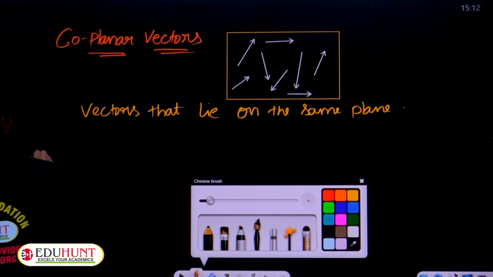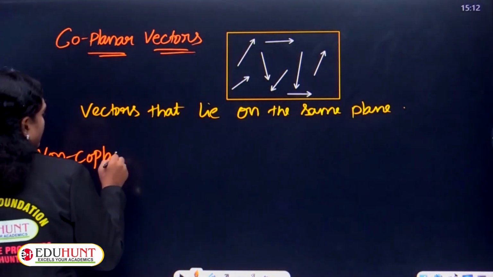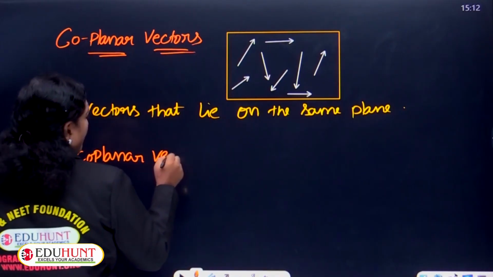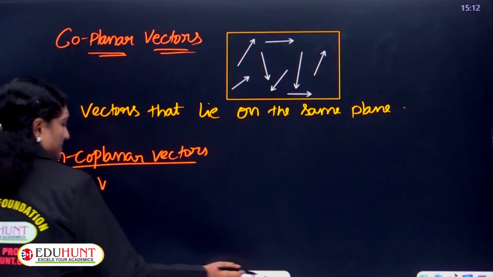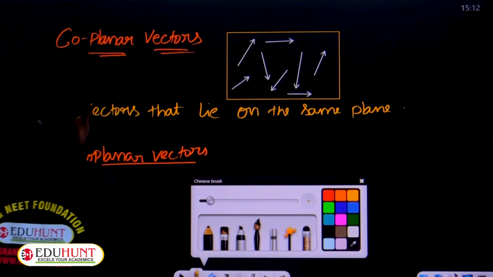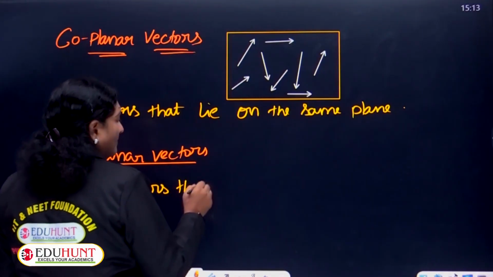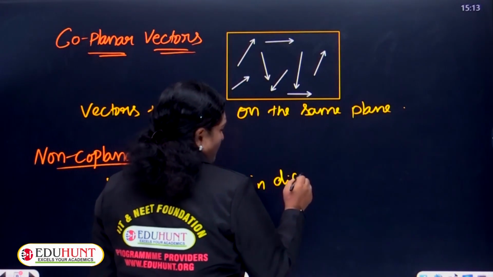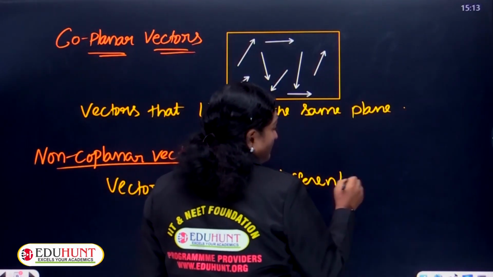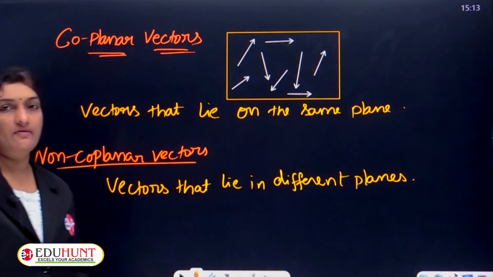Similarly, the exact opposite is non-coplanar vectors. What makes the difference, children? Vectors that lie in different planes are called non-coplanar vectors.